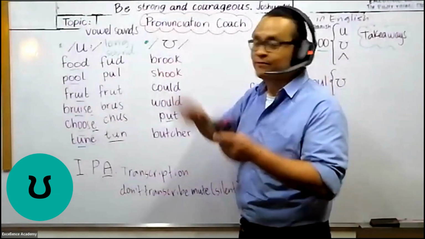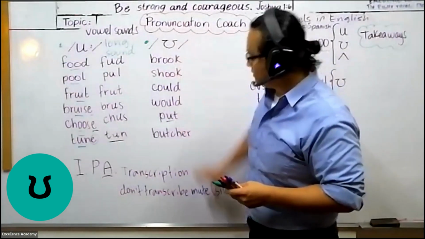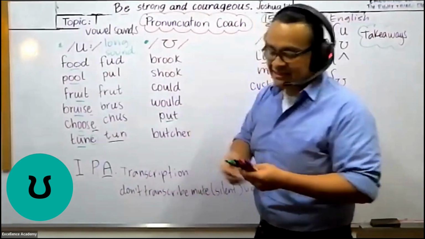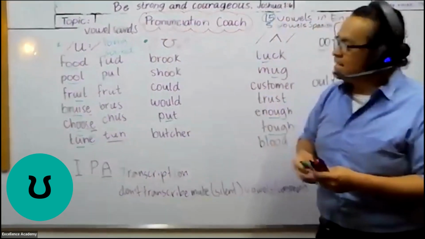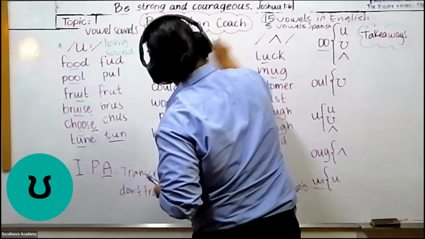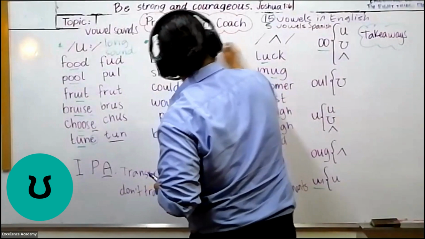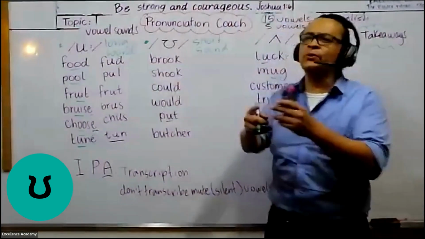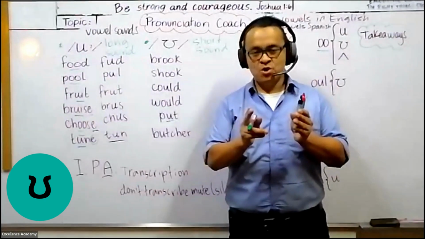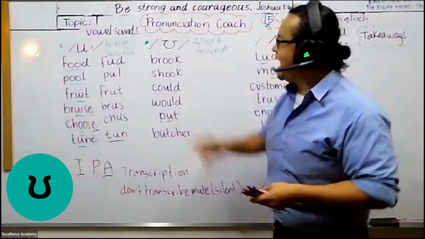This is brand new. Okay, now first the transcription. The transcription is going to be this symbol here, and this is going to be a short sound. So it's totally different from this one. This is long, ooh, well, this is very short. Okay. And how do you produce it?